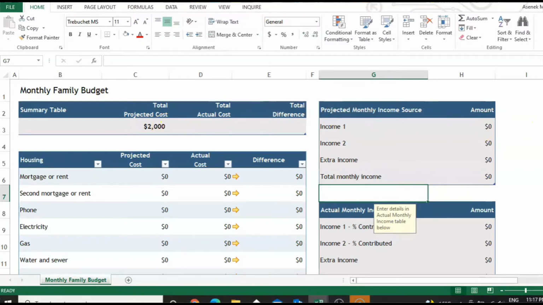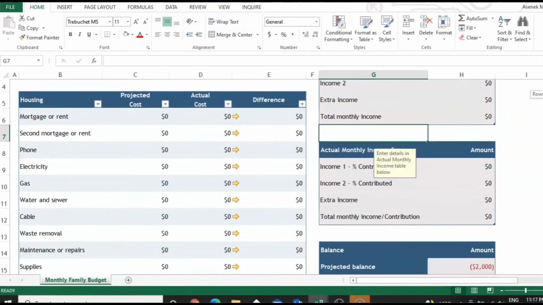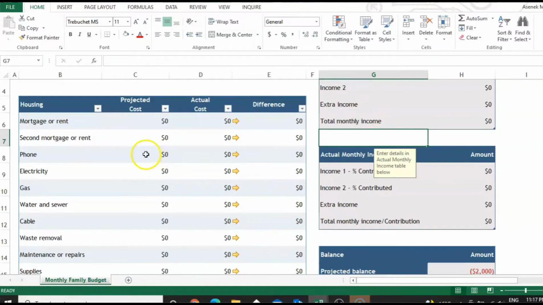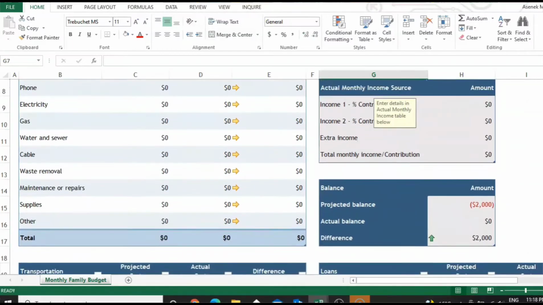The first category here is housing. Under the housing category, you can enter the costs related to your mortgage or rent. If you have a second mortgage, you can enter that, your phone bills, your electricity bills, your gas bill, your water and sewage bill, cable bills, waste removal, maintenance, repair, supplies, all of those housing expenses.